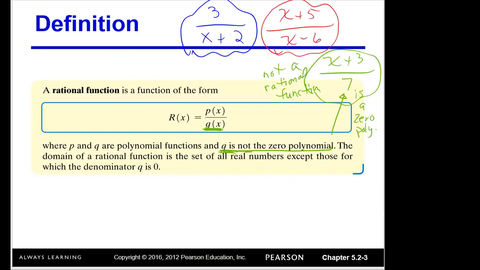The function q cannot be a 0 polynomial. And since your denominator is a 7, that's the same thing as 7x to the 0. So that is a 0 polynomial. So therefore, it's not a rational function.